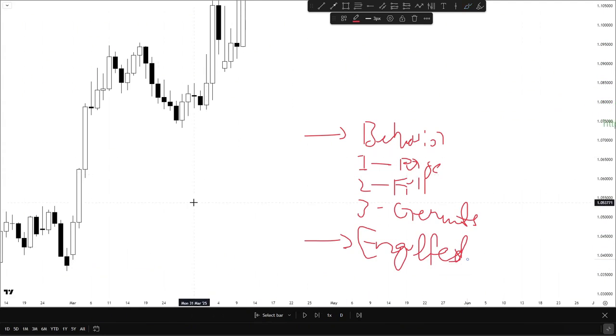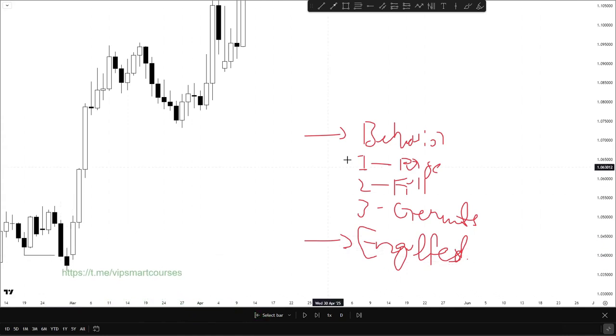So first of all, let's look at this price action right here. You can see that price purged below this low. This candle along with this candle purged liquidity together below this low. So these two candles together showed one of these three behaviors.